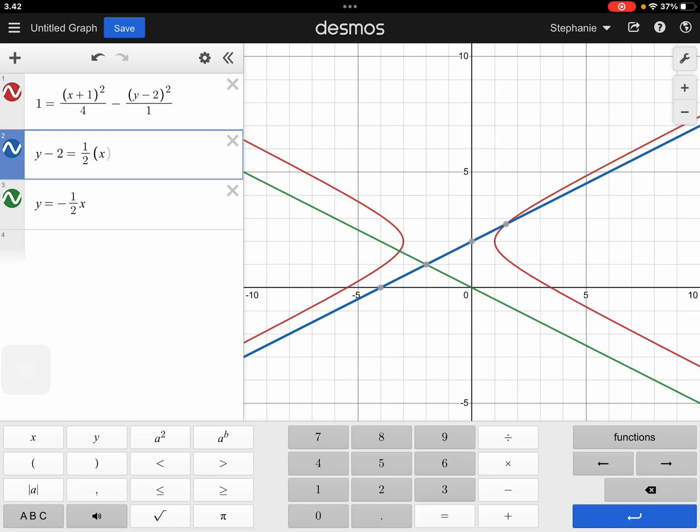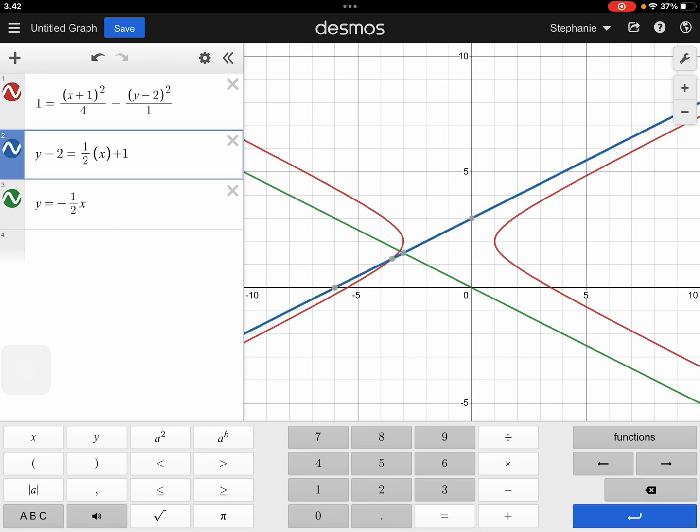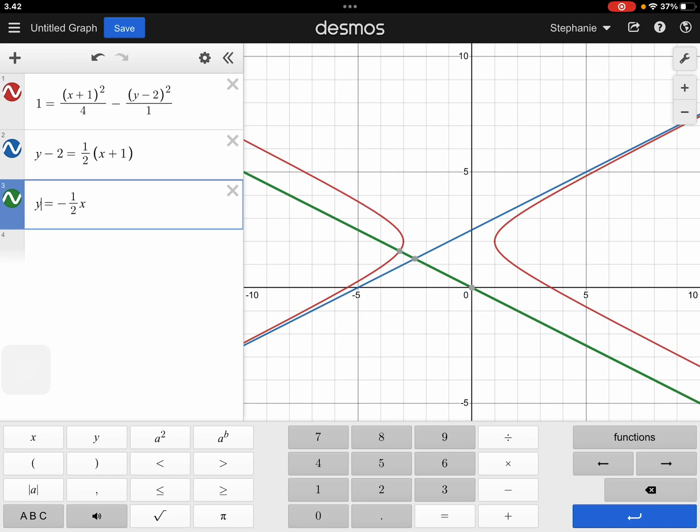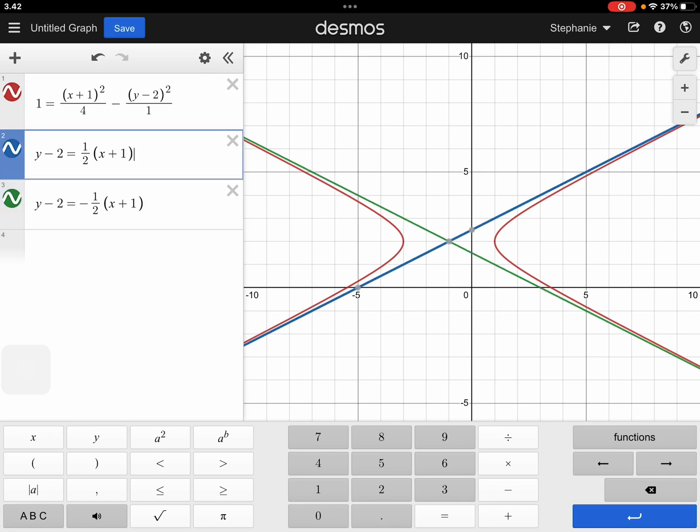Okay, plus 1. Okay, that looks better. Again, y would be minus 2. And this would be x plus 1. Do y'all see how I'm just moving stuff from my original equation because it wasn't centered at 0, 0?